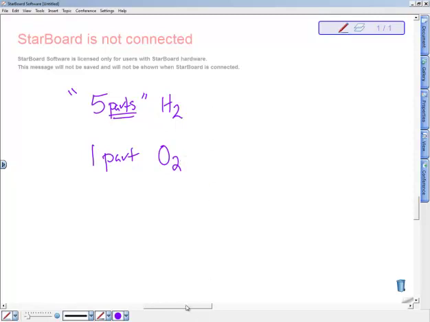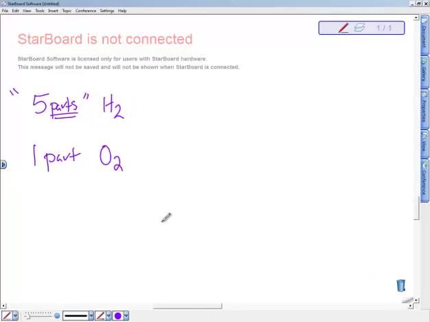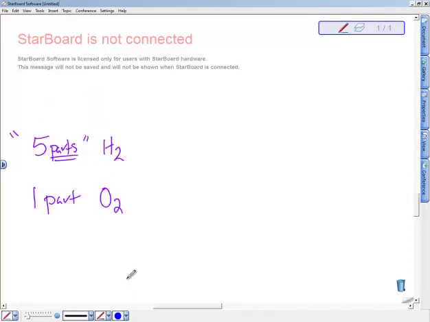So for this one, you just need to remember that the heart of stoichiometry comes from what? What's the heart of stoichiometry? Mole to mole ratio from the balanced equation, right? So you can't do any math without looking at the balanced reaction. So we're going to look at the balanced reaction here. And this was a gas.